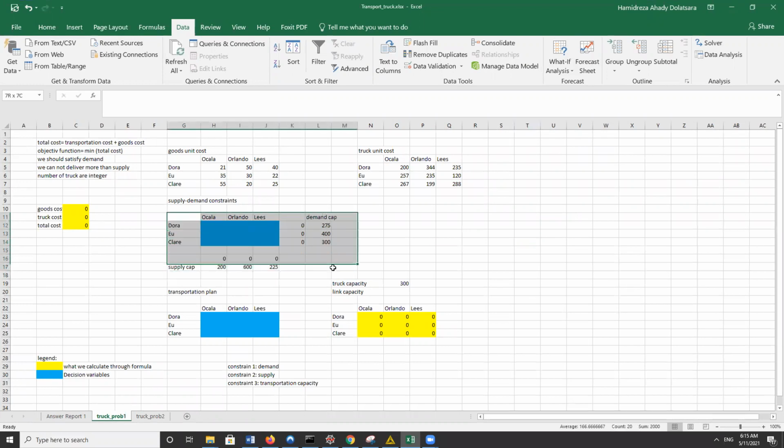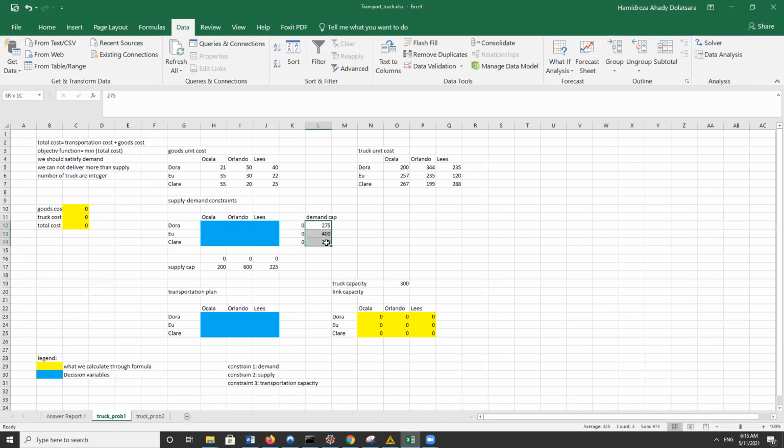Look at this blue table here. It's similar to the previous transportation problem, which we had supply and demand. So the blue cells here just mean the decision variables, which talk about how much you send from each supply node to demand nodes.